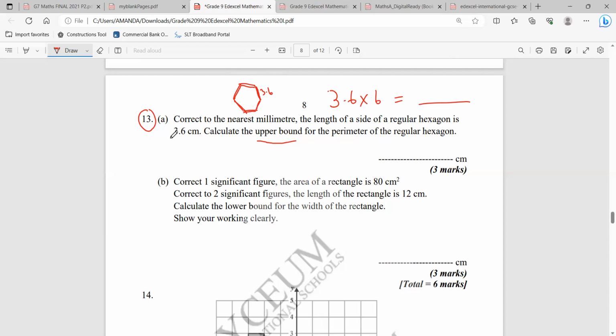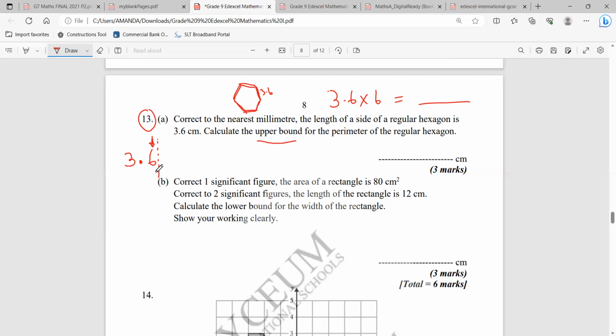So let's look at 3.6 again. This 3.6 is in centimeters, so the millimeter is 1/10. They have cut off everything after the 6.